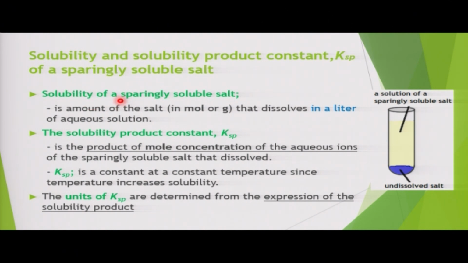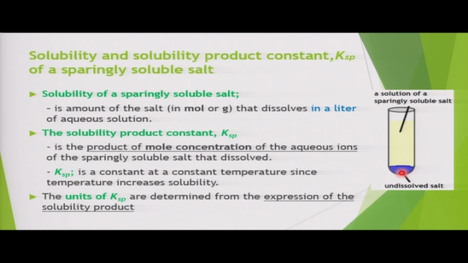that salt. When we bring in the solubility product constant, it is basically the product of the mole concentrations of the aqueous ions from the sparingly soluble salt. What do we mean here? As I had already said, dissolve your salt. It would set free some ions in the solution, then it remains with a salt.